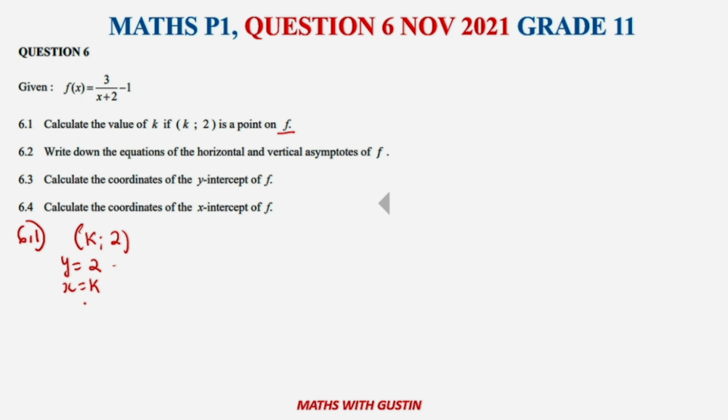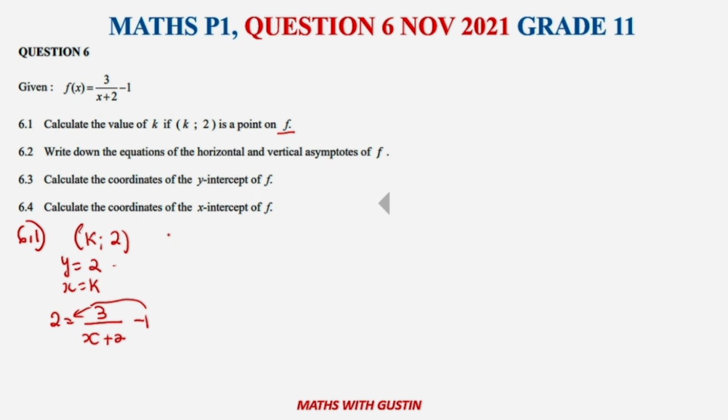All right, so therefore let's come here and say, okay, y is equal to 2, so therefore it's going to be 2 is equal to 3 over x plus 2, minus 1. All right, so therefore we need to take 1 to that side.